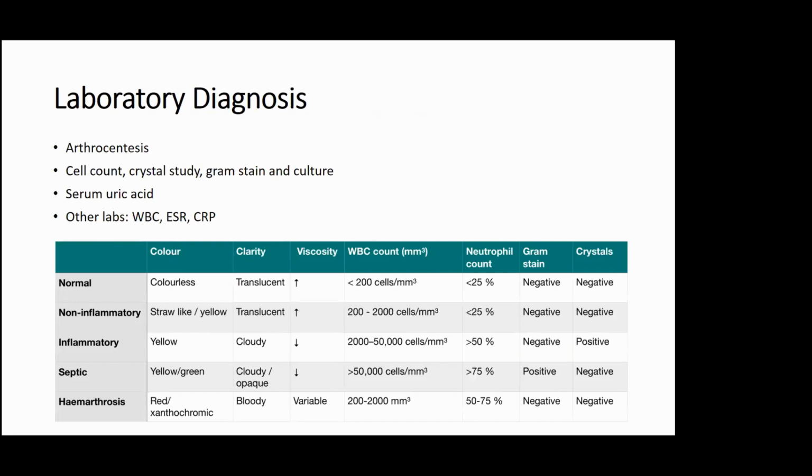And then the other marker that is very important is the uric acid. Hyperuricemia is the single most important risk factor for the development of gout. However, the presence of hyperuricemia in the setting of joint pain is not a sufficient criterion to diagnose gout.